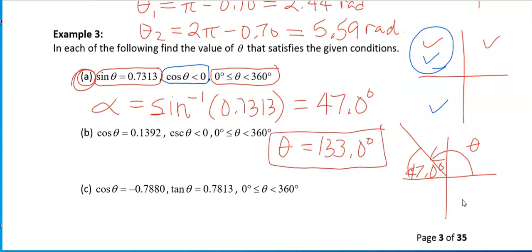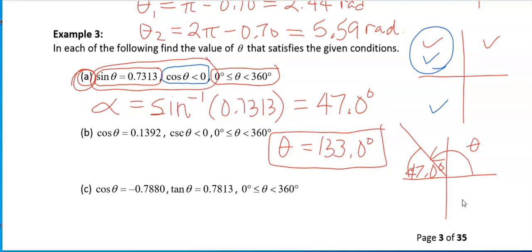There's only one solution in this case, all right, only one, not 2. And in fact, if this was a question on a test or a quiz, if you gave 2 solutions, you would lose part of a mark because one of your solutions doesn't solve both of these conditions right there. It has to solve both.